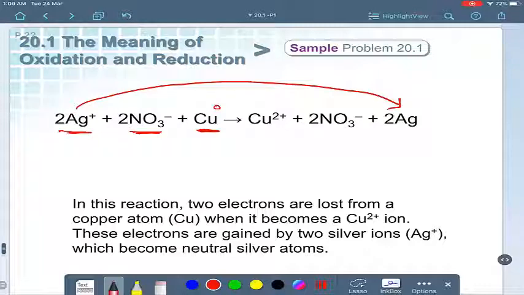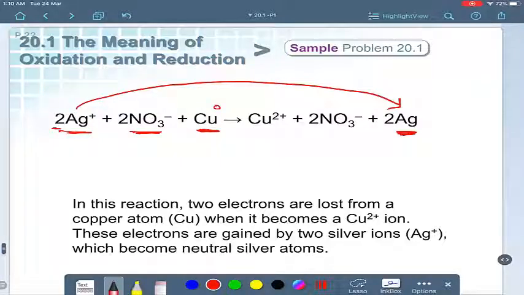It gains electrons or loses electrons? Look, it was Ag positive and becomes neutral Ag only, solid silver. It means it gains electrons. They are 2, so it gains 2 electrons.